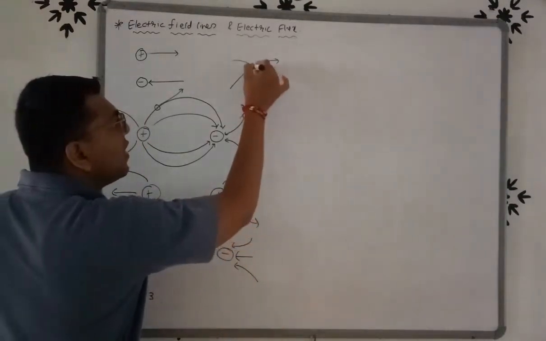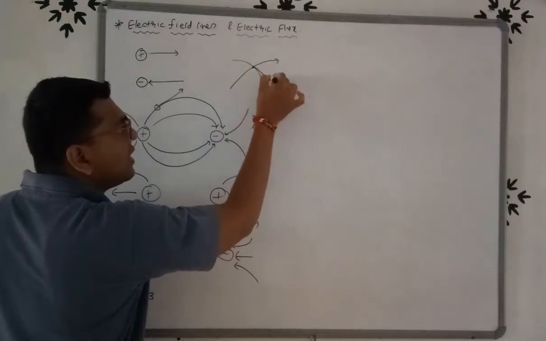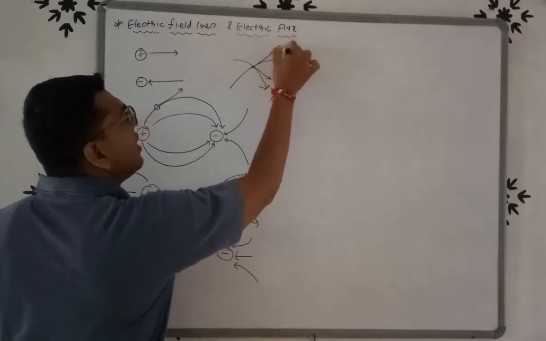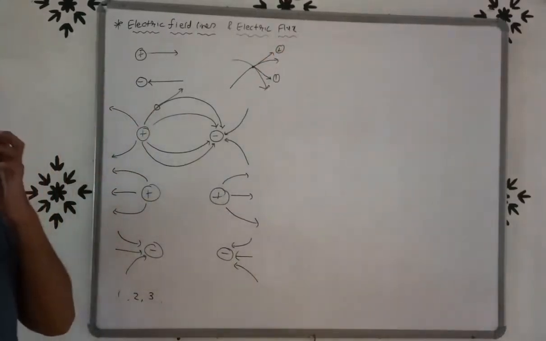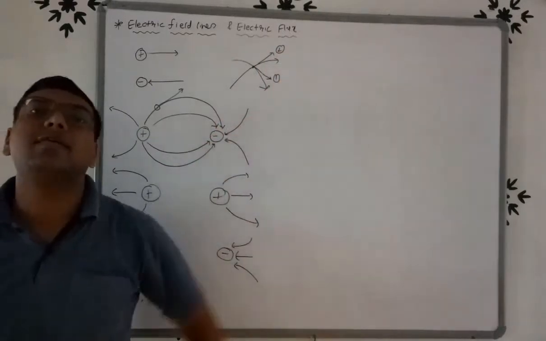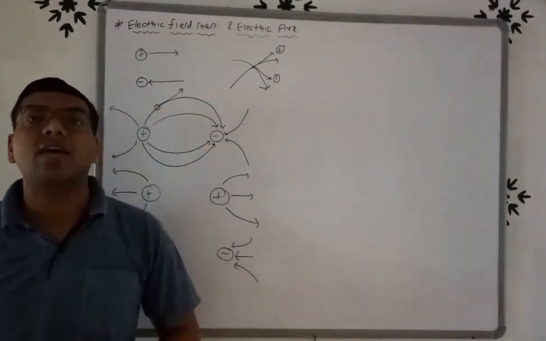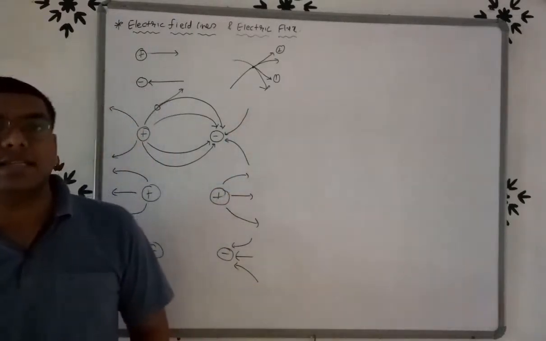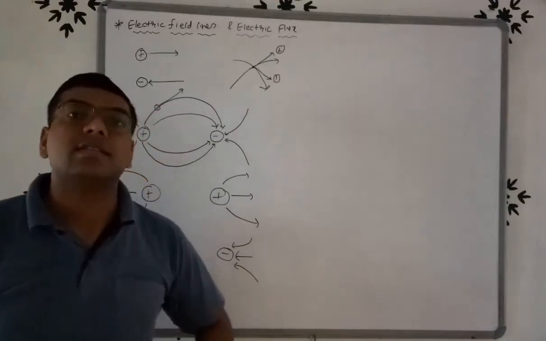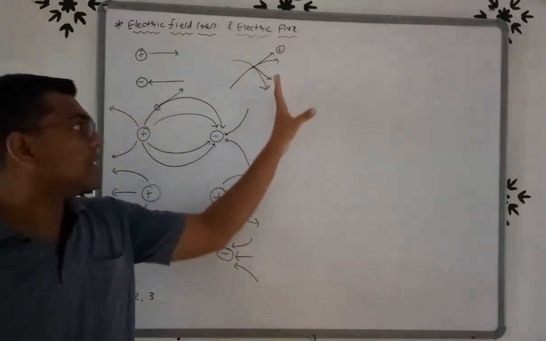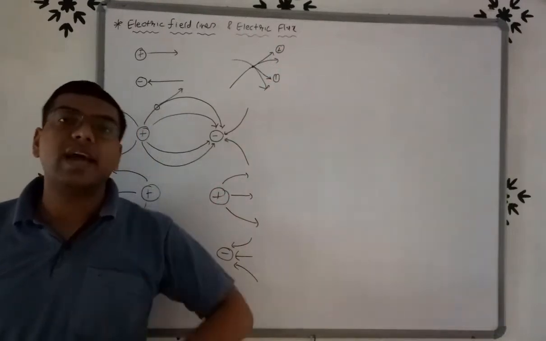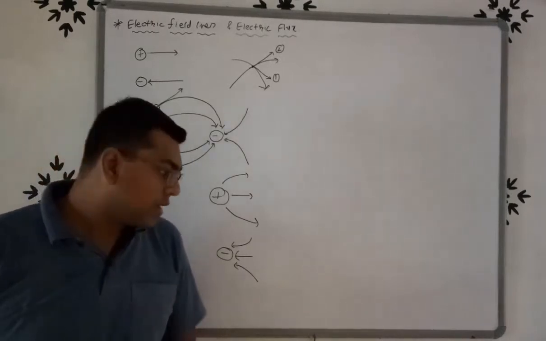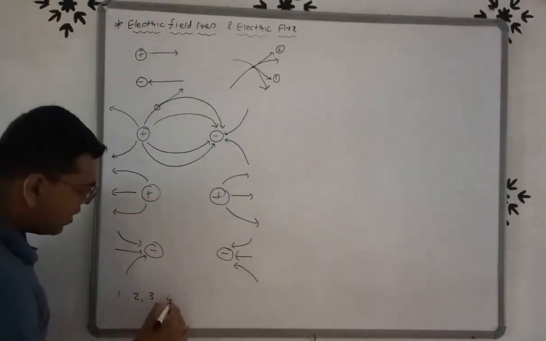At this point, if we draw tangents, this is the first tangent and this is the second tangent. So it gives us two directions of electric field, but electric field has only one direction. So electric field lines don't intersect each other. If they intersected, they would give two directions of electric field, which is not possible.